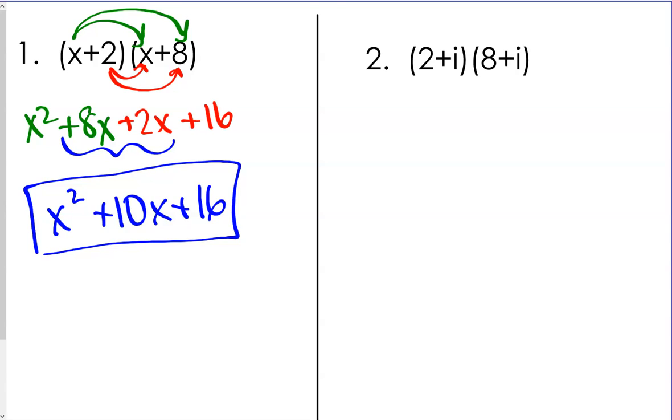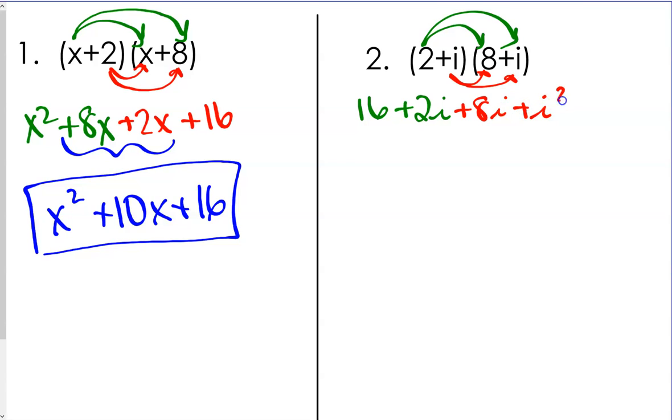Okay, let's see what happens. So I'm going to distribute my 2 to my 8 to get 16. 2 to i gives me 2i. Distribute my i to my 8, so we have 8i. And then i to i gives me i squared. All right, combine like terms. It's looking like it's the same. That gives me 10i plus i squared?